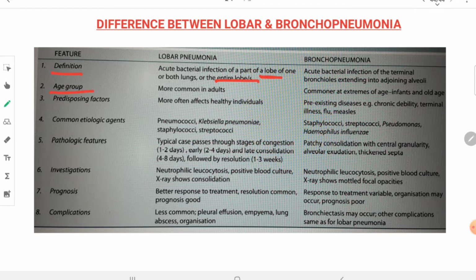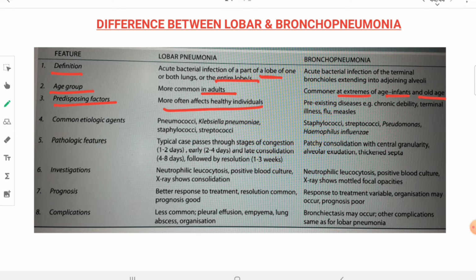Age group. Lobar pneumonia is commonly seen in the adult population, while bronchopneumonia is seen at the extremes of age, particularly infants and old age. Predisposing factors: lobar pneumonia usually affects healthy individuals, right? Predisposing factors are not necessary for the development of lobar pneumonia.